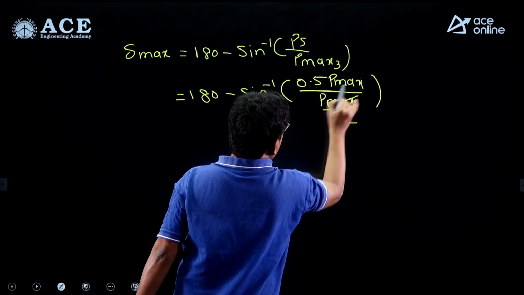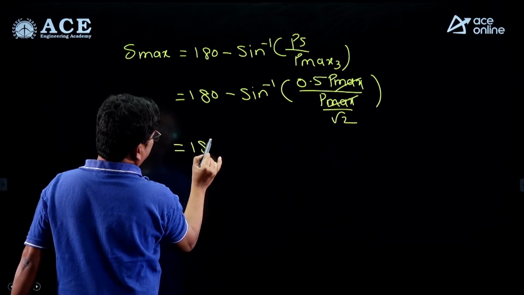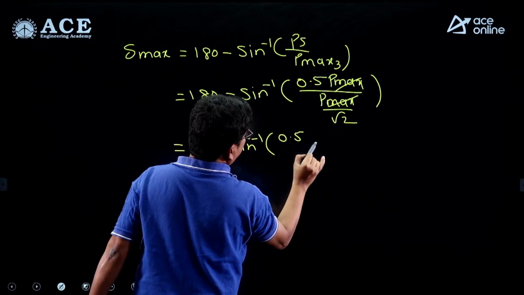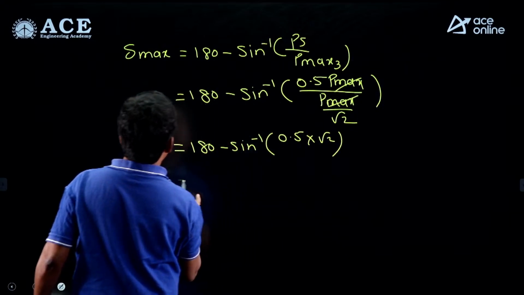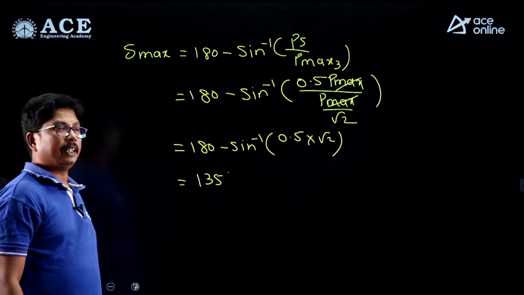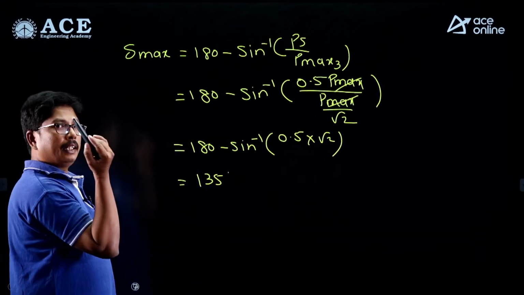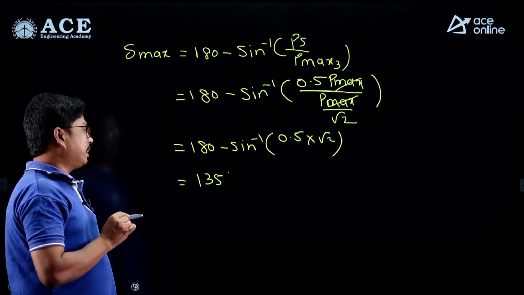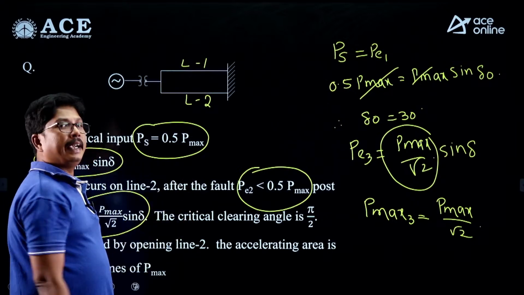Pmax will be cancelled. It will be 180 minus sin inverse of 0.5 into root 2, and if you calculate this value, you will get 135 degrees. So we got the delta naught value and the delta max value, and they are asking for the value of the accelerating area.